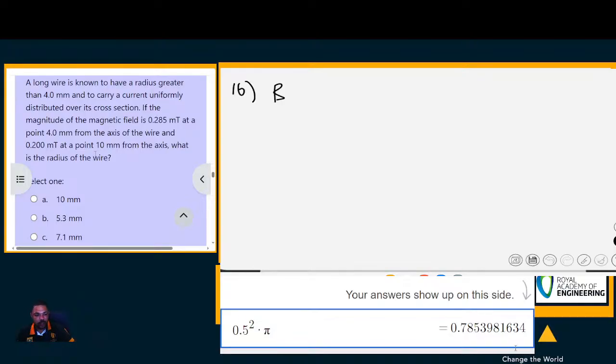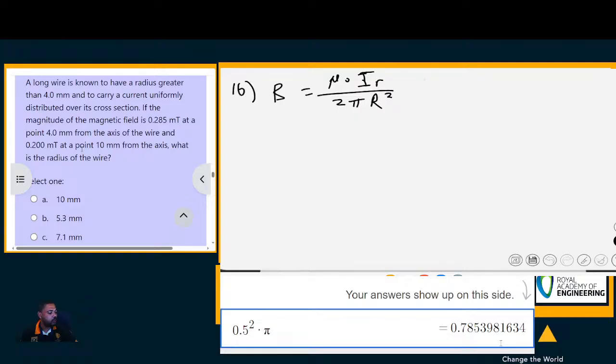Okay, so they ask us to calculate what's the radius of this wire. So they want us to calculate big R. Okay, so the formula we need is this one: mu naught I, this is small r, over 2 pi R squared, where this big R is the radius of this wire. This is what we want, big R. And this small r here is the distance from the axis.